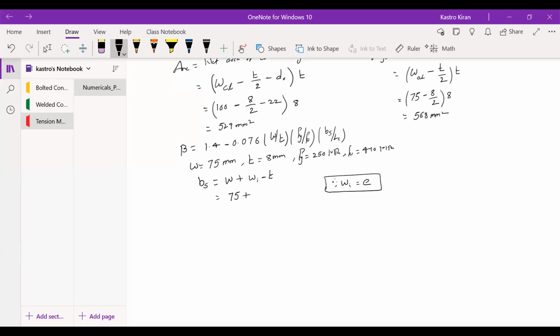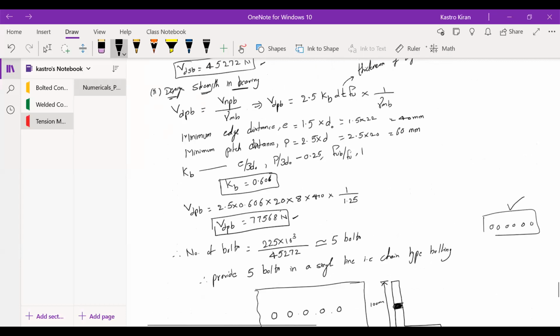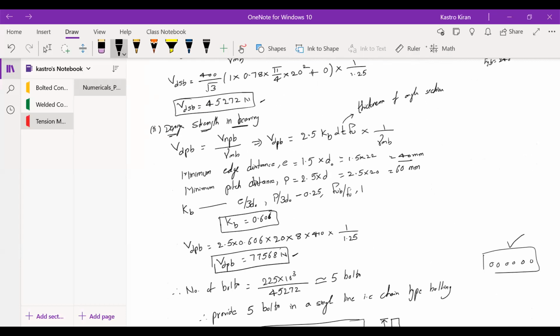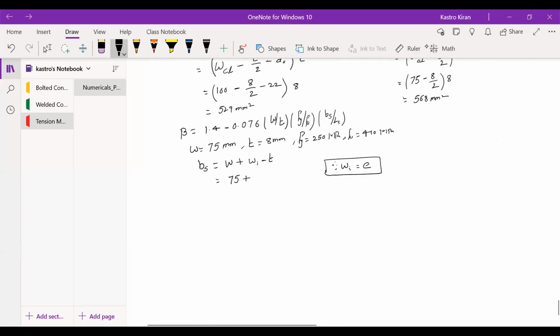Since we don't know the Wi value, whatever the edge distance is, you consider the same value as Wi. The edge distance here we have found out as 40 mm, so I'm taking that same value. So 40 minus thickness of the angle section, which is 8. If you solve for this, you'll get some value. So that's how you can calculate Bs.